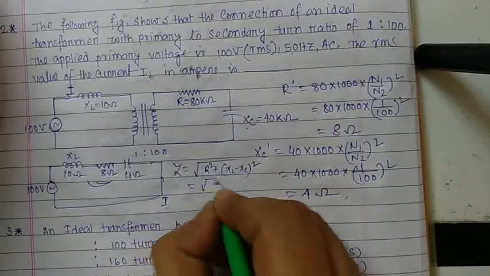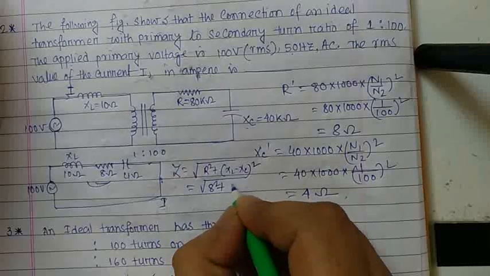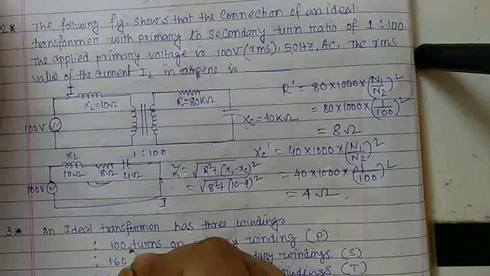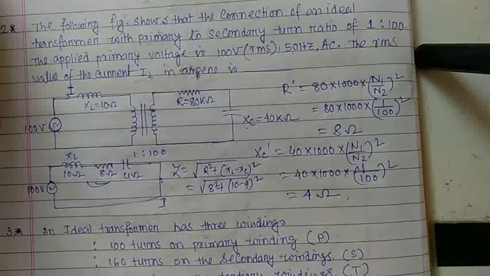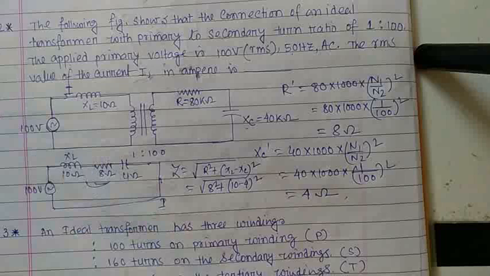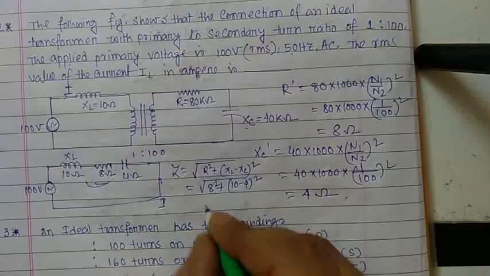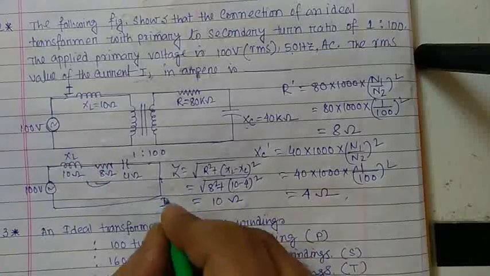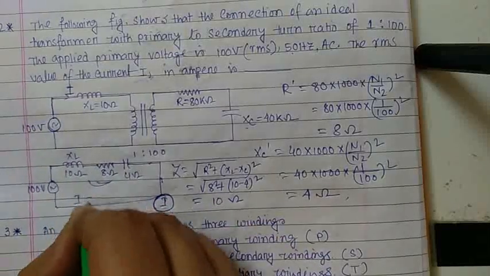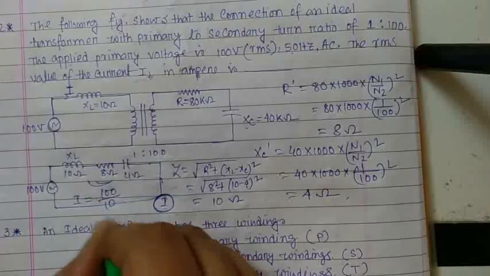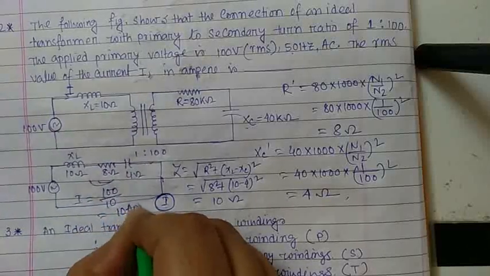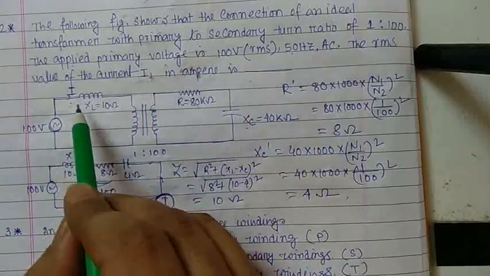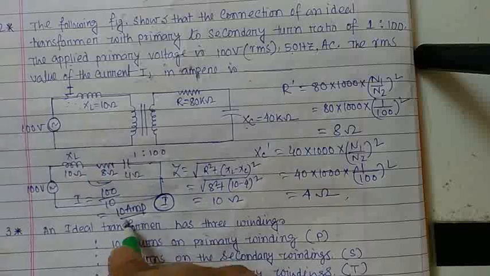So that is 8 square plus 10 minus 4 whole square, that should be equal to 10 ohm. So current I equals 100 by 10, that is 10 ampere. So actually the primary draws 10 ampere current from the supply.